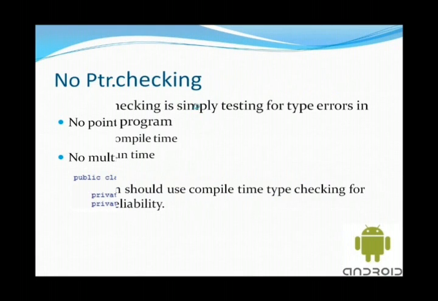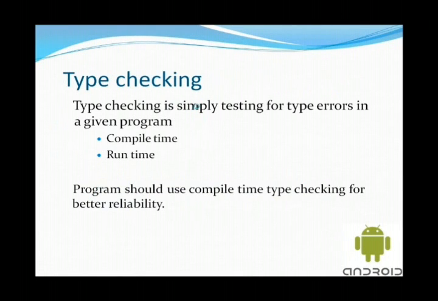Next, type checking. Type checking is simply testing for type errors in a given program. There are two types: compile time and runtime. At compile time, the compiler can check for errors in a given code segment and report any error it catches.